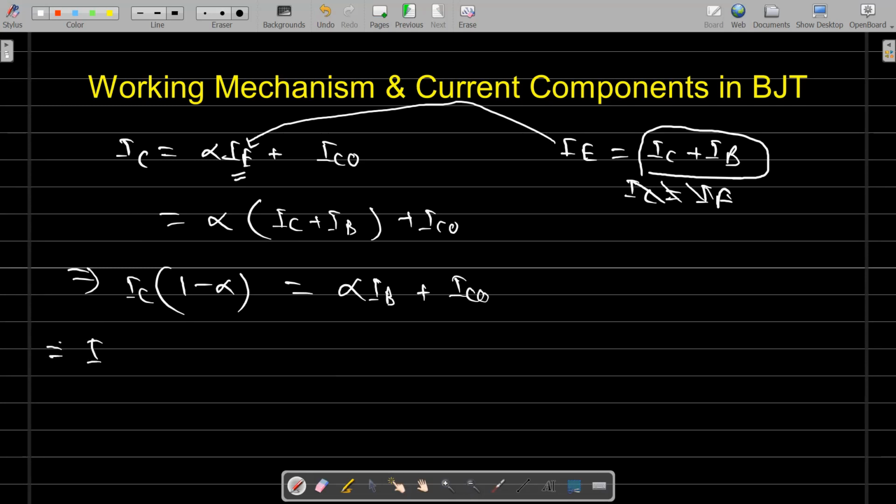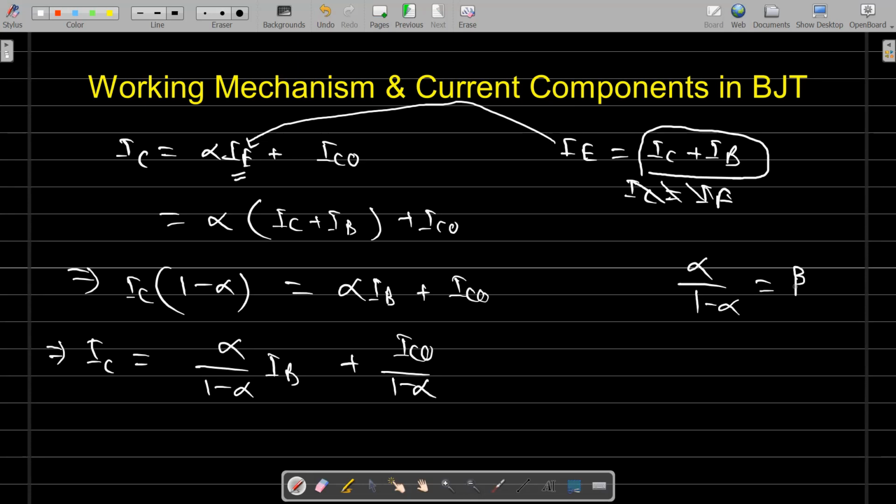So the relation we got is IC equal to alpha by 1 minus alpha into IB plus ICO by 1 minus alpha. Now the factor alpha by 1 minus alpha is represented by using another constant that is called beta.